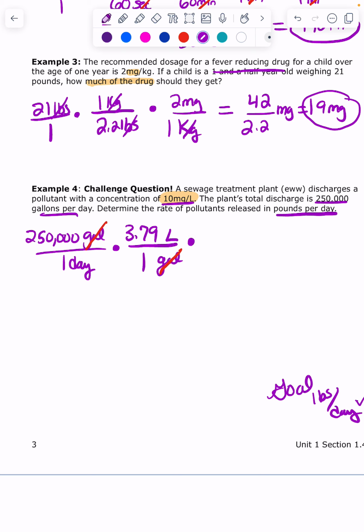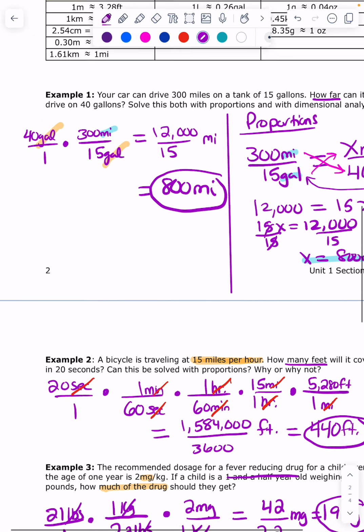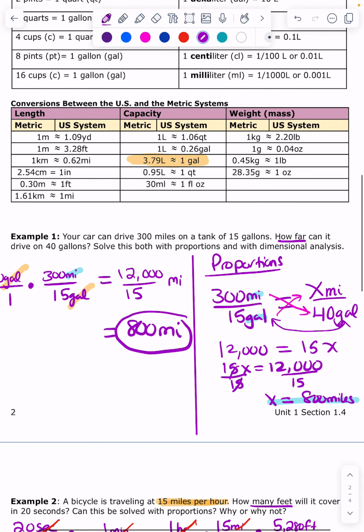All right, so now that I have liters, I can do this 10 milligrams per 1 liter, and liters are gone. But I need to be in pounds, so we need a conversion that'll help me get from milligrams to pounds. So that, again, is going from US to metric, and we're in the weight section.